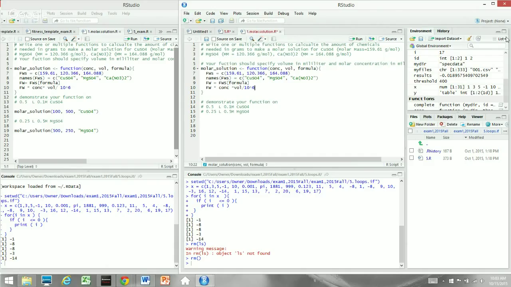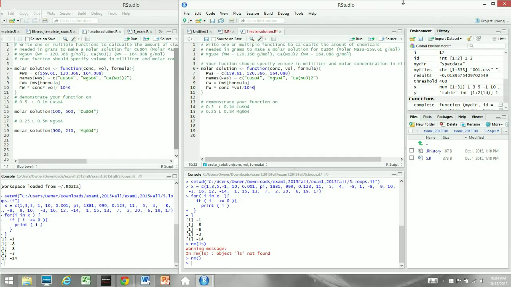So we've now created the equation used to calculate the amount of chemicals needed for a molar solution that was provided for us. That should be it.